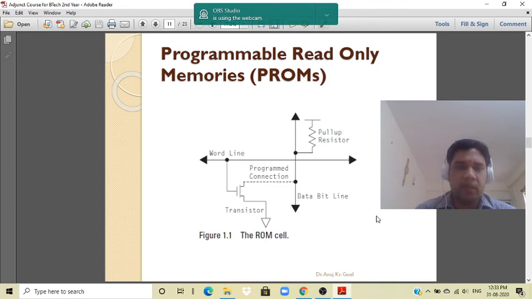When we make a connection, it will become a solid line, and there is a connection between the pull-up resistor and ground. So at that point the potential from the pull-up resistor will be grounded. That is why at this point the potential will become 0. So when the ROM is programmed or connected, it will give the logic low value. When it is not programmed, it will give logic 1 value.